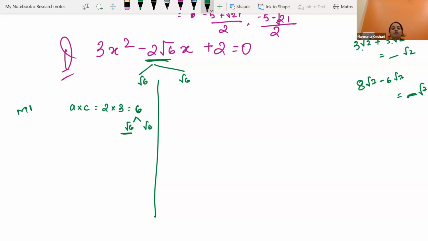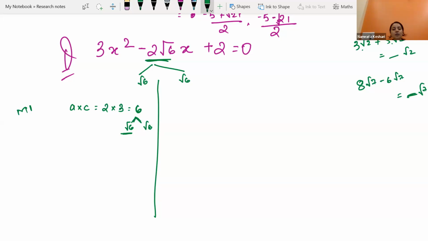So once we have written root 6 and root 6, we understand we are done with splitting the middle term. These two multiplied together make 6, and these two added together make 2 root 6. Yes or no? Are you getting it?